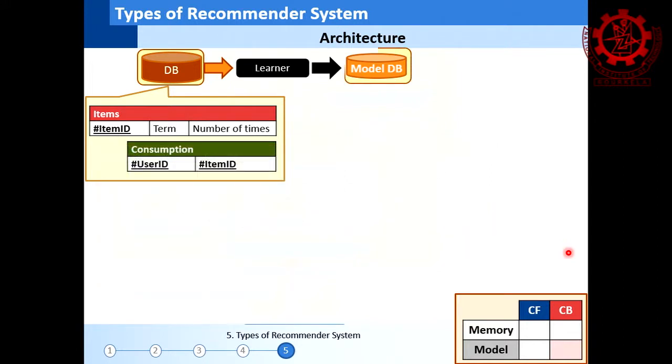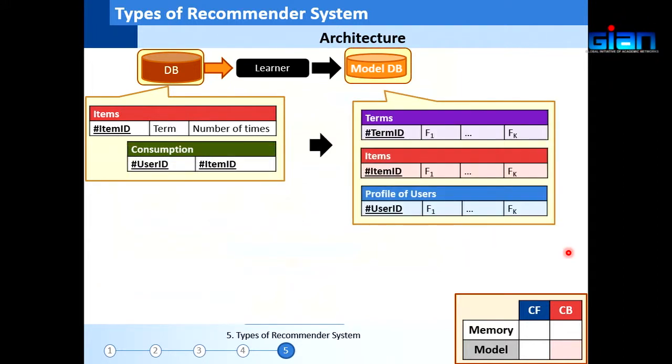And here we have three tables: one related to the terms, another related to the items, and another related to the profile of the user. So from these two tables, we are able to build three tables, one related to items, another related to the profile of the users, and another one related to the terms, the keywords we have used.